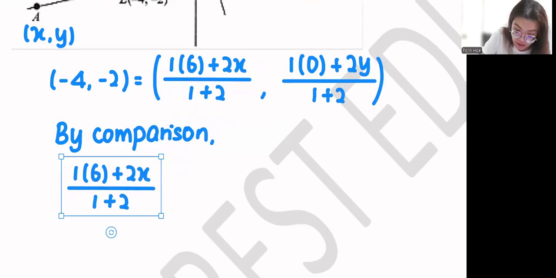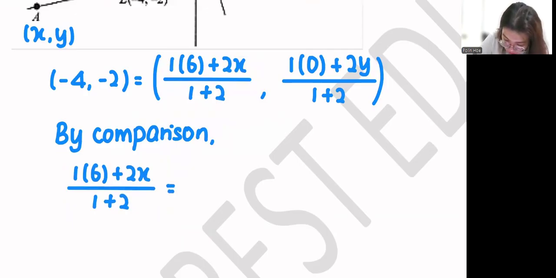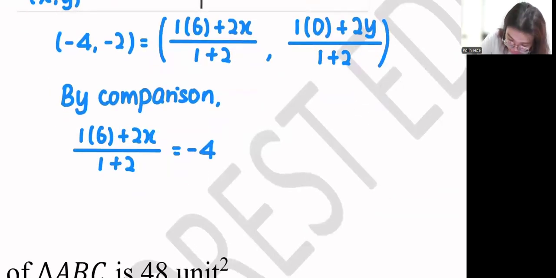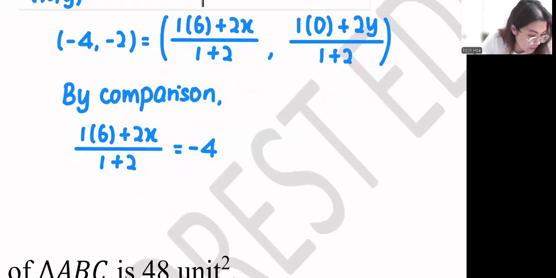Did you realize? I copied it exactly, I copied -4 completely, so I get X is equals to -9.